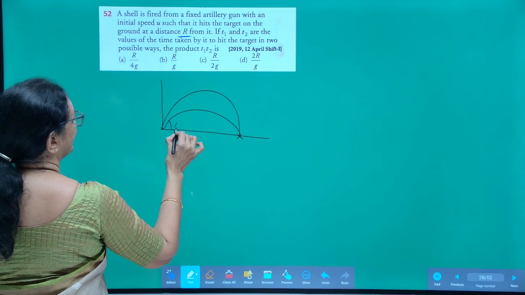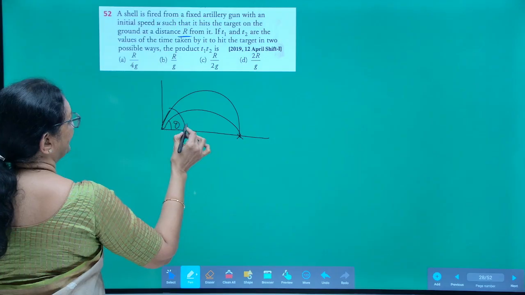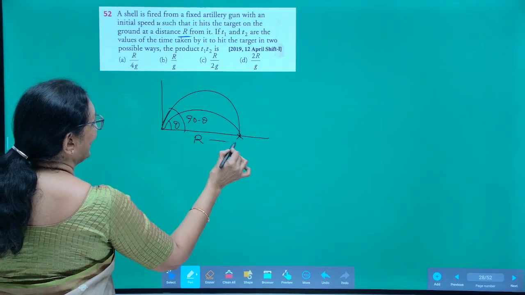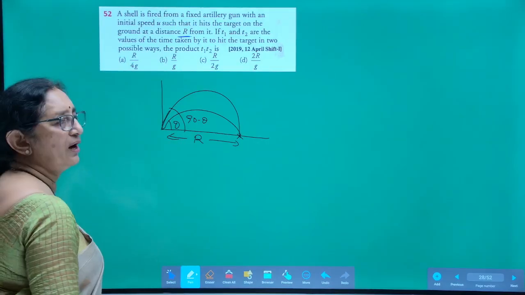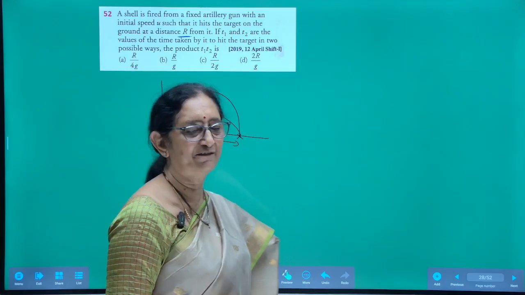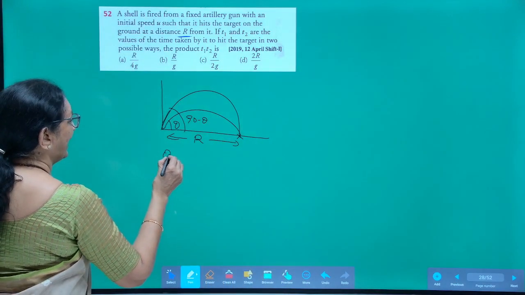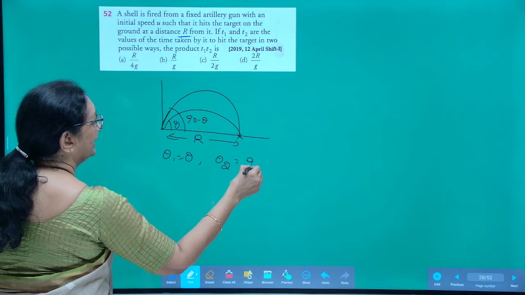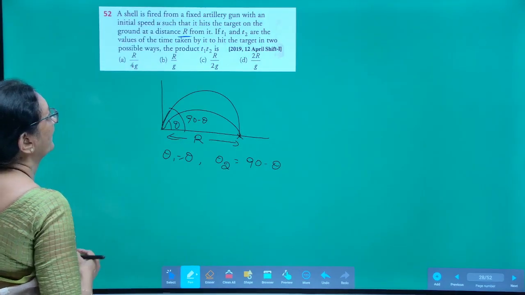One angle of projection is theta, another angle of projection is 90 minus theta, because the range is same for two complementary angles of projection.